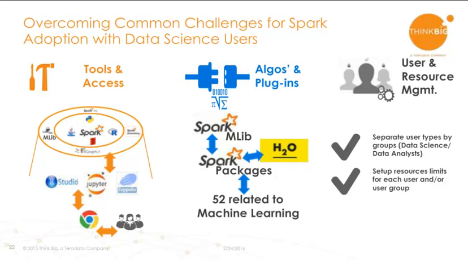Finally, user resource management. You need to make sure that you provide the right access to the group of data science or analytics people in your company, but you also need to manage, control and have the right governance in place for them. Otherwise, if you don't think through that process when you are enabling that, and a data scientist writes a loop that uses all the memory of the cluster, all of a sudden your production processes may not be running as a result.